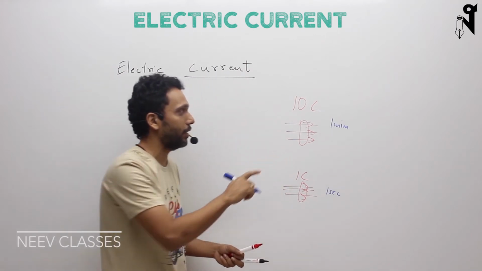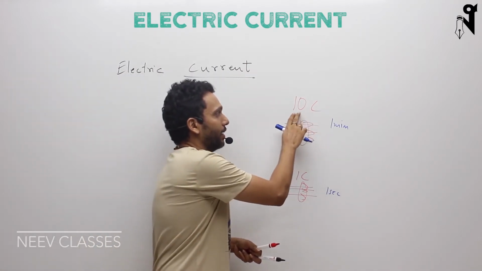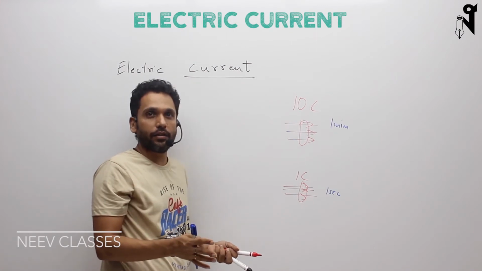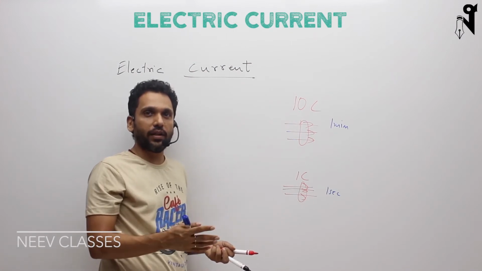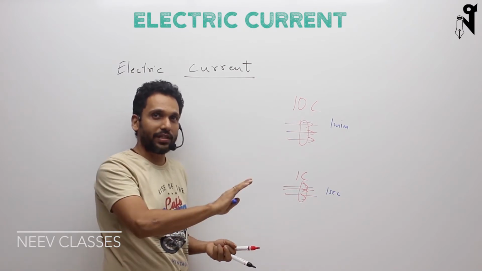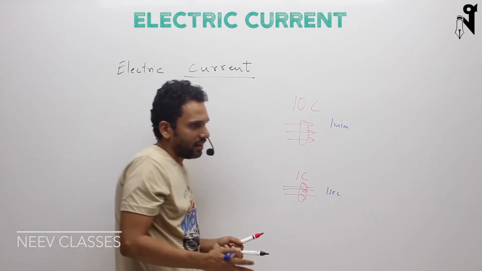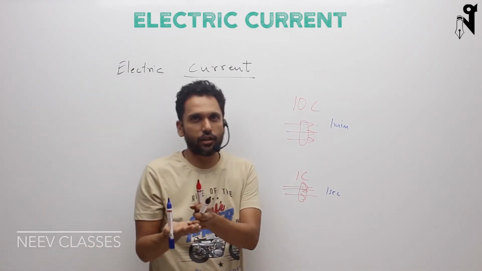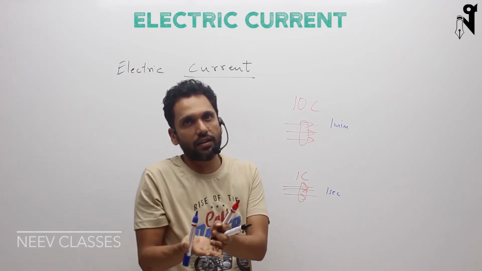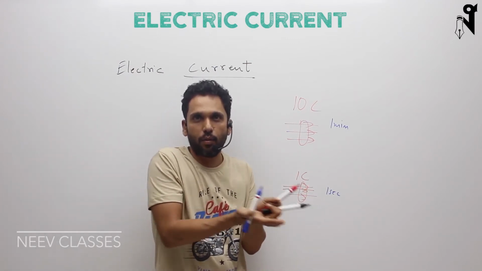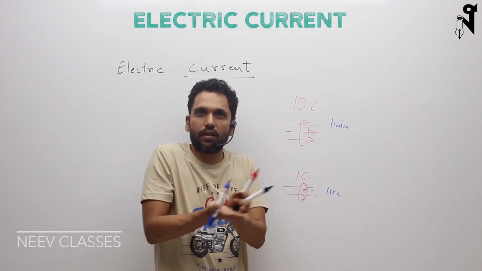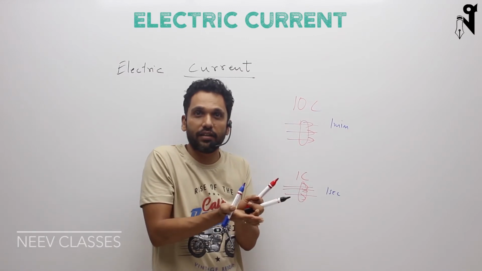Yes, this is more informative. 10 coulomb in 1 minute means 100 coulomb in 10 minutes. 100 coulomb in 10 minutes is as good as 10 coulombs in 1 minute, right? The flow would be same. If I say 10 liters is flowing down a certain pipe in 1 minute, it's same as saying 100 liters is flowing down in 10 minutes. Per minute 10 liters, another minute, another 10 liters, and in 10 minutes, 100 liters.